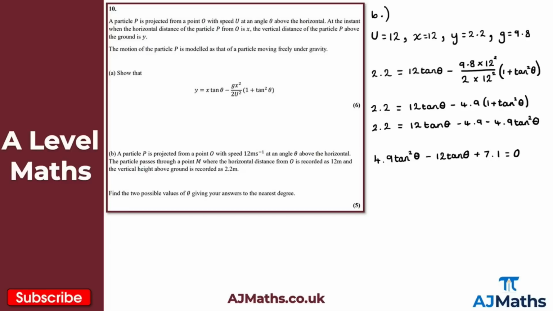There are a number of different ways that you could attempt to solve this quadratic, for example using the quadratic formula, or just using your calculator. That's the method I'm going to use here. I'll set a as 4.9, b here is minus 12, and then c is 7.1. If you do this, we get two solutions for tan theta.